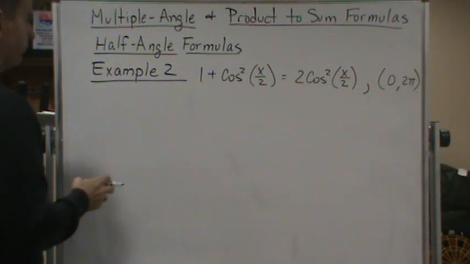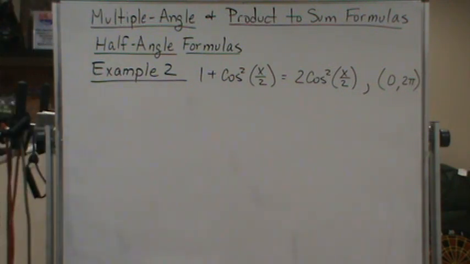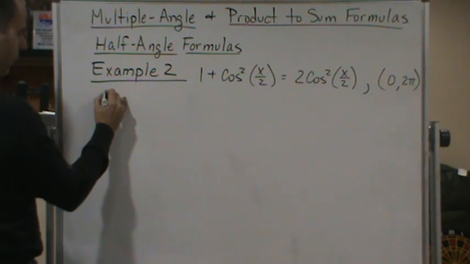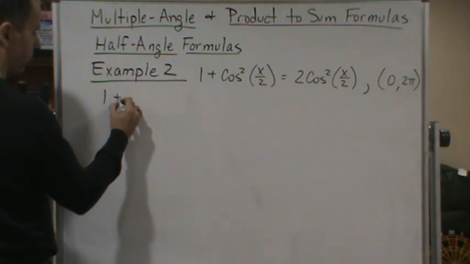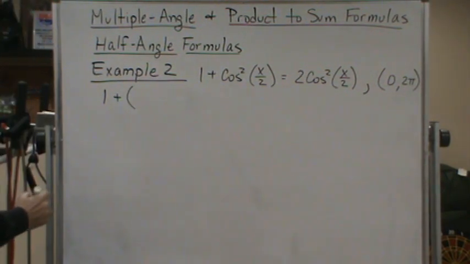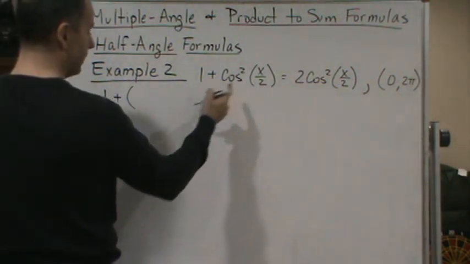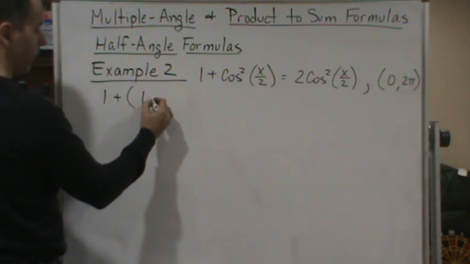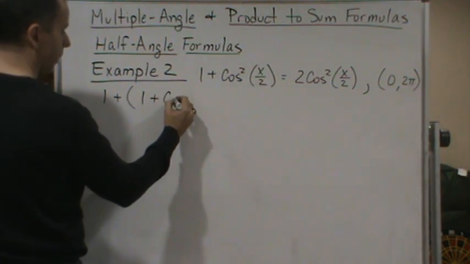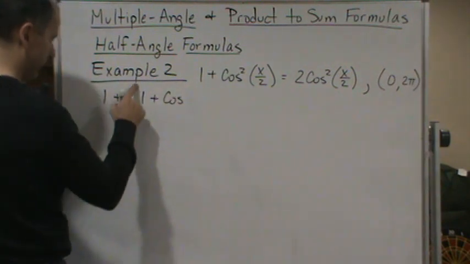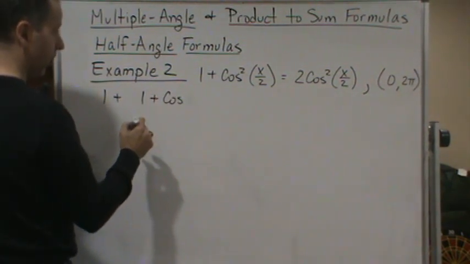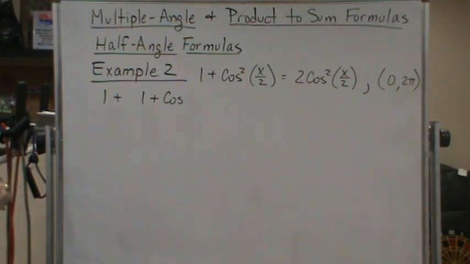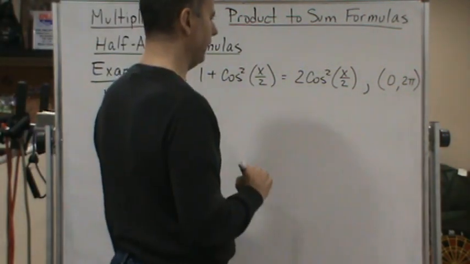Let's get started. So we're going to use our half angle identities for the cosine. So let's rewrite those now. So this is going to be 1 plus, and then this is going to be what? This is a half angle identity, so it's going to be 1 plus cosine, oh, I'm sorry, keep forgetting. So it's from 0 to 2 pi.